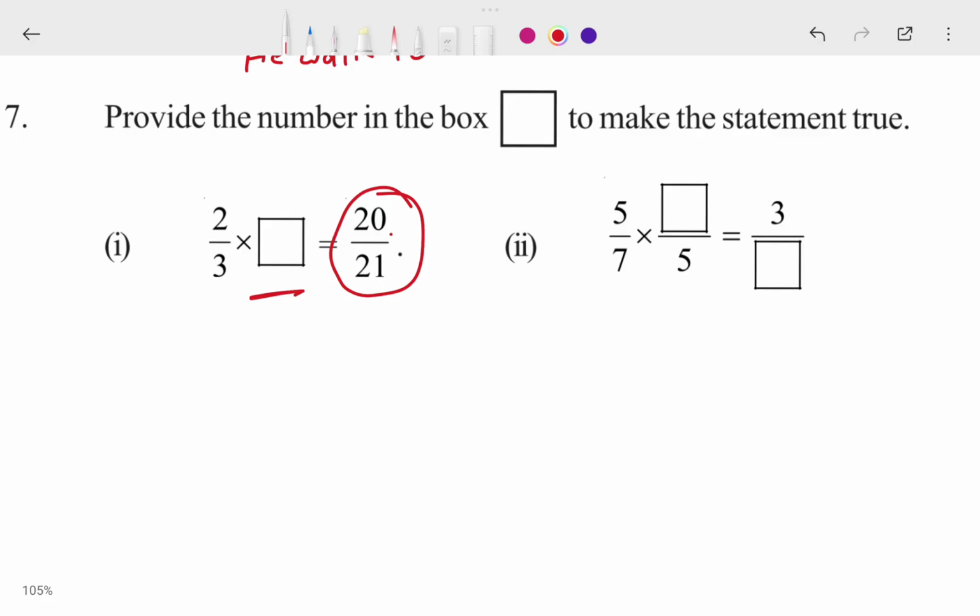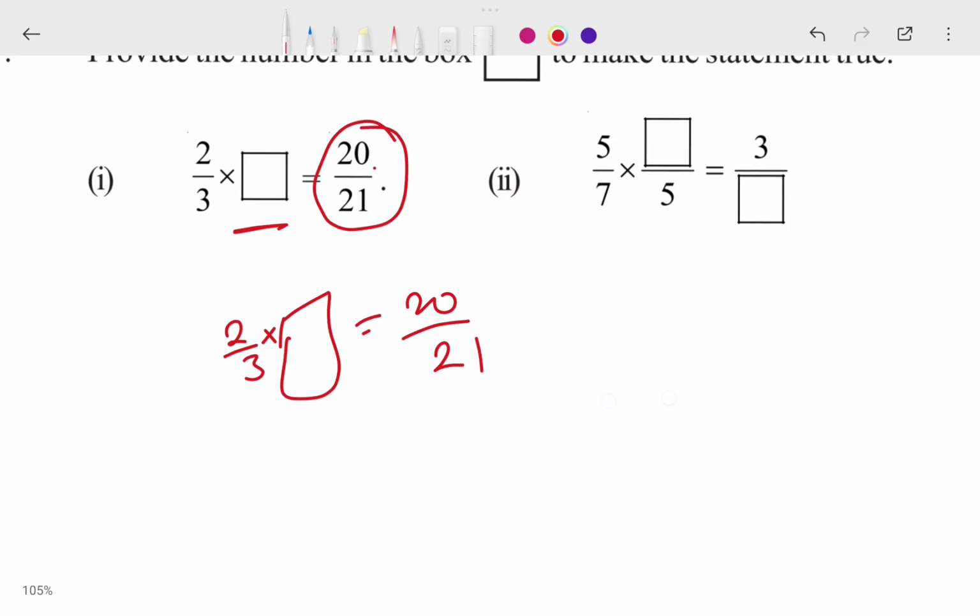So if you see, this is 2 by 3 cross, what we have to put in this box which is equal to 20 by 21, what we have to put here which is equal to this one. So how can we solve this one? This is very simple, dear. You can turn this to that side. So it is going to be 20 by 21, it is going to be 3 by 2.